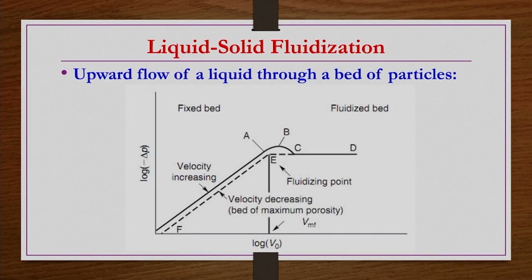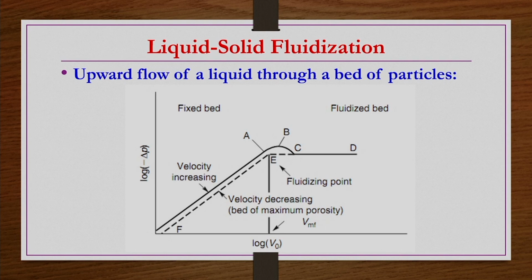Obviously it has to be upward flow, because only then is fluidization of the particles possible. So you take a column with a perforation at the bottom, pour in some particles, crushed glass or whatever packing material you use, and do not constrain the bed at the top. You do not use any other perforated plate at the top.